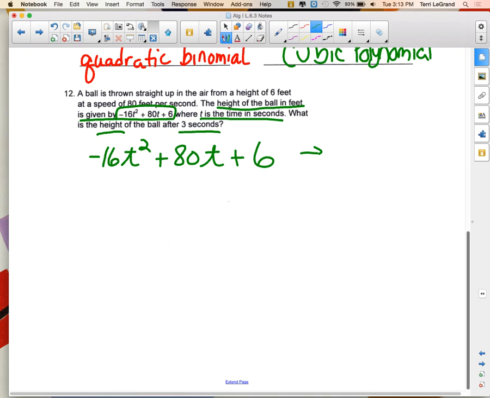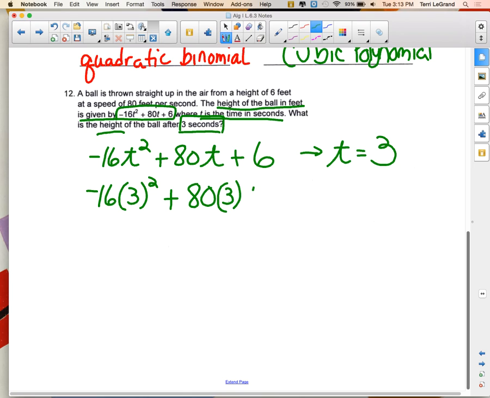We're going to evaluate this for t equals 3. They want to know, after that ball has been in the air 3 seconds, how high will it be? So we're going to substitute 3 in for our t's. Wherever we see a t, 3 is going in its place. And then we're going to follow order of operations.